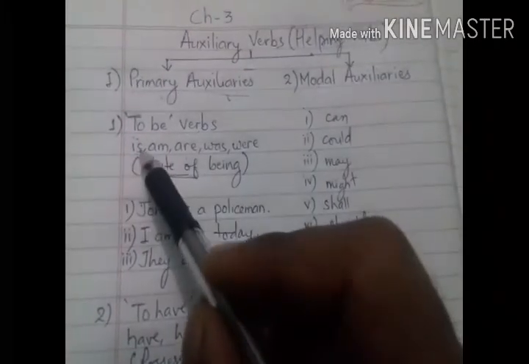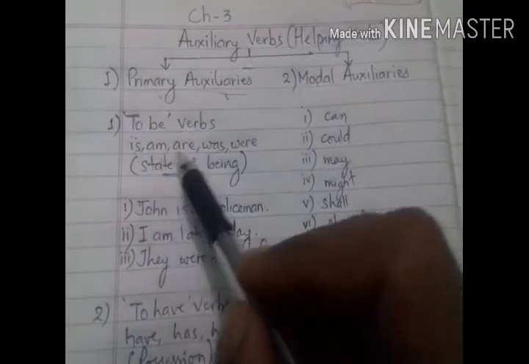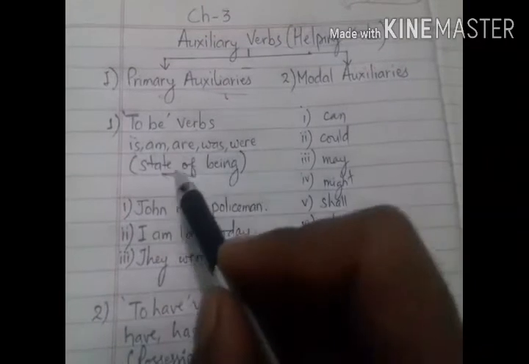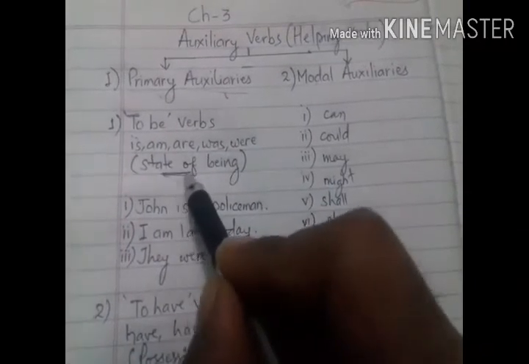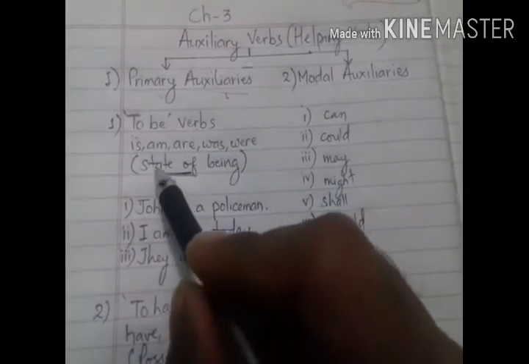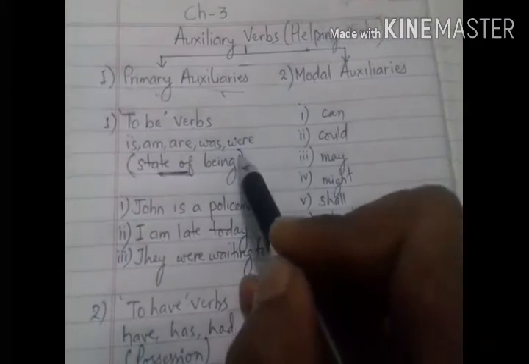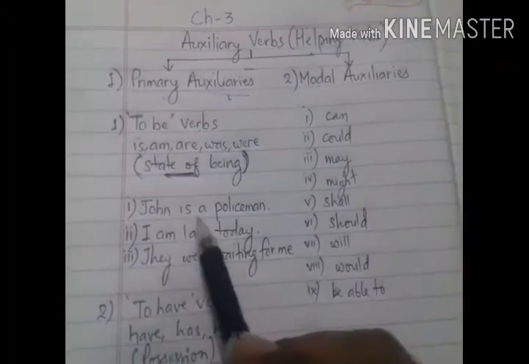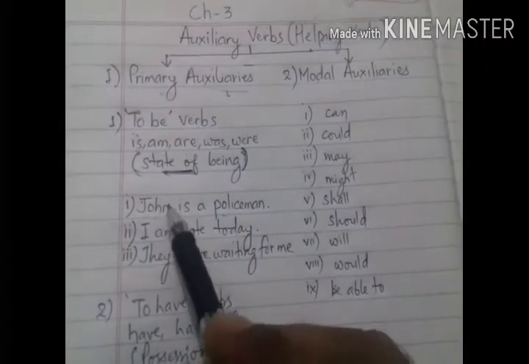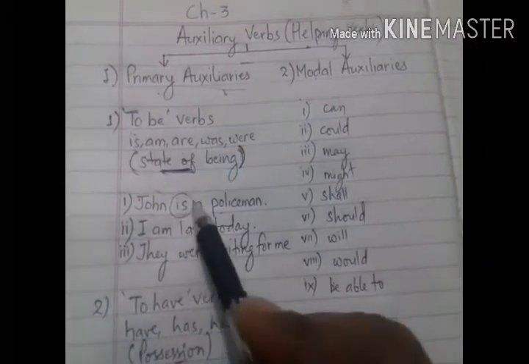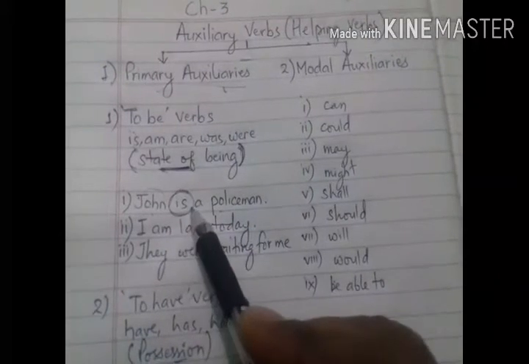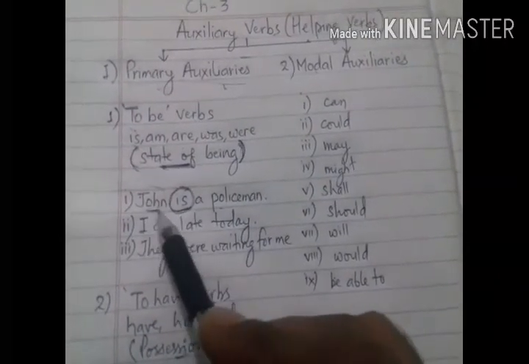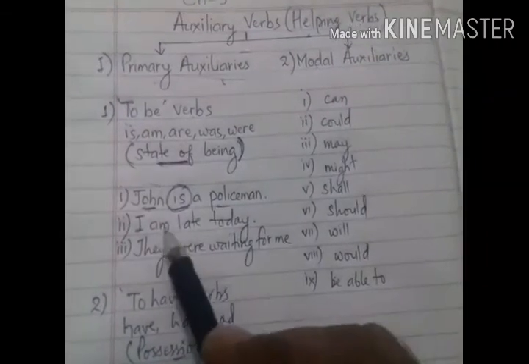This group of primary auxiliary verbs, is, am, are, was and were, are used in sentences alone as principal verb to show the state of being of the subject, like John is a policeman. So here this to be verb is used to show the state of being, that is, what John is. John is a policeman.